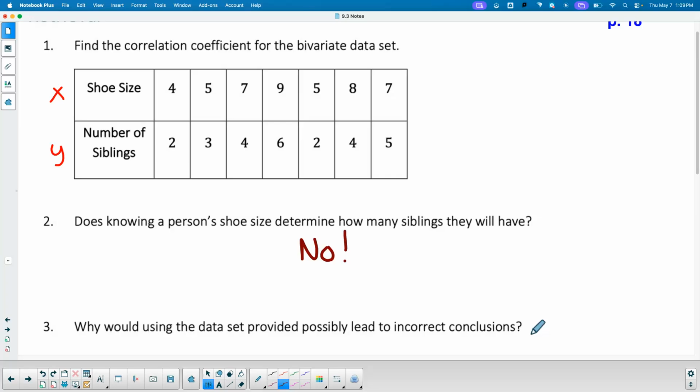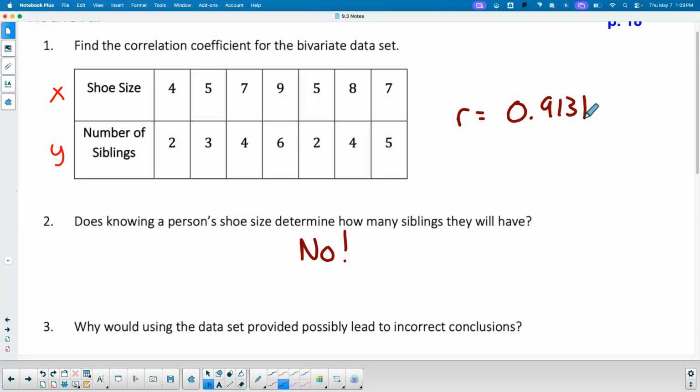We do have a strong correlation. Our R value was 0.9131. But what's really being correlated here? Nothing really. So that would probably not give us the right conclusion.